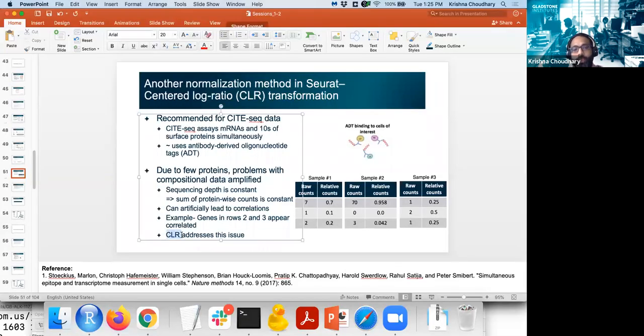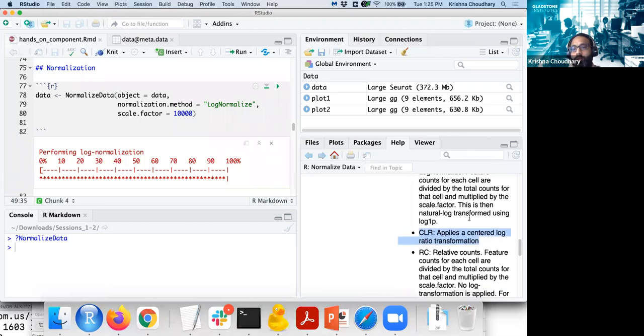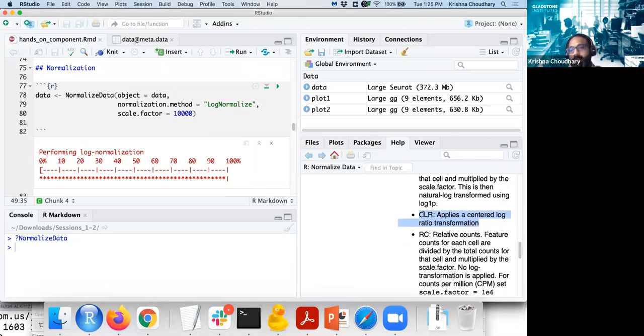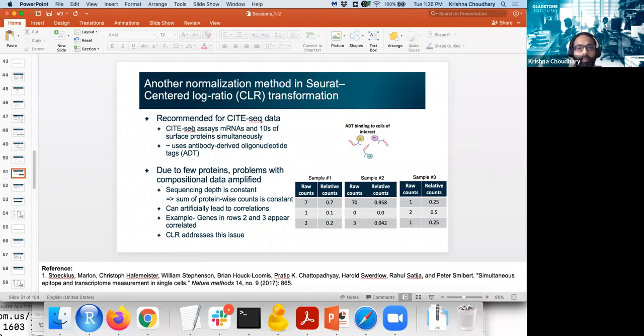And for that, there is this centered log ratio approach, which you can read about in your own time. I just wanted to mention, if you are trying to choose the normalization approach, this CLR is not for single cell RNA-seq data. It is there for proteomic or protein abundance information, which people are also looking at along with single cell RNA-seq in some of the studies.